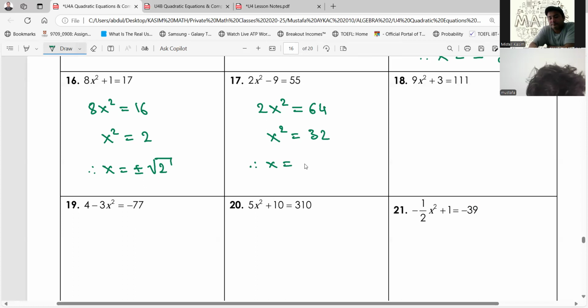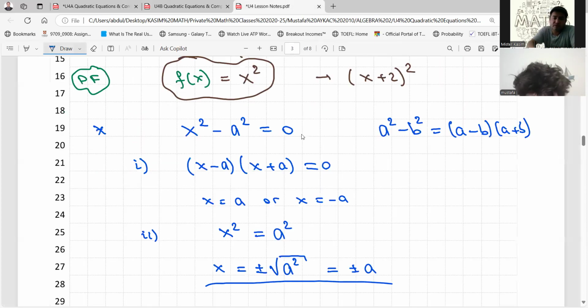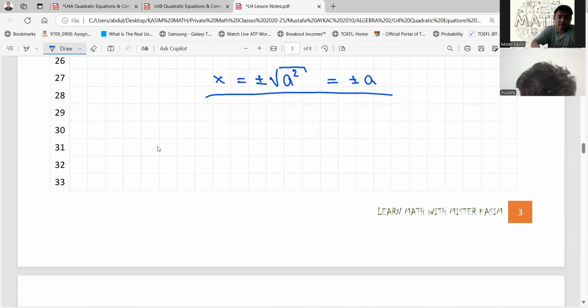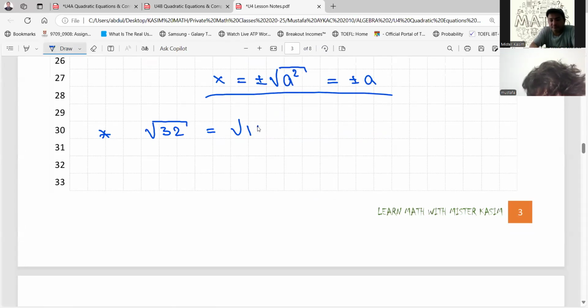Plus or minus square root of 32, right? But usually, if this number can be written as a product of a square number and something else, you should simplify this further. Because 32, what is the greatest square number that divides 32? 16, yeah, right?